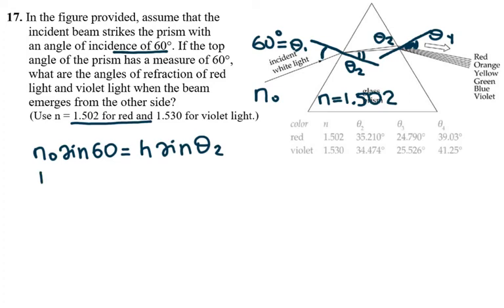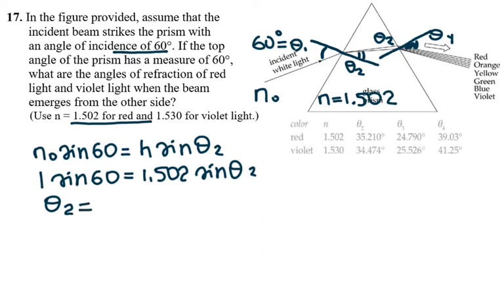So this is 1, index of refraction for air is 1, sine 60 is equal to 1.502 sine of theta 2. So that gives me theta 2 is equal to 35.2 degrees.